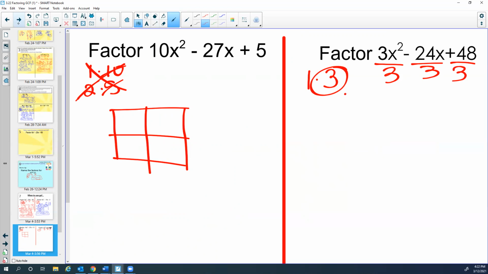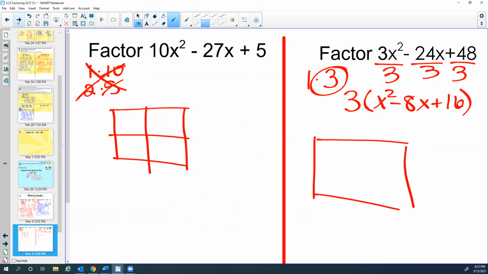So I get 3x squared minus 8x plus 16. And again, now at this point, we can go ahead and fill in our boxes. So go ahead, if you haven't already, start filling in your boxes.